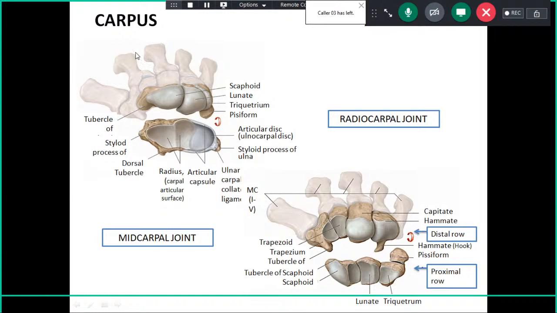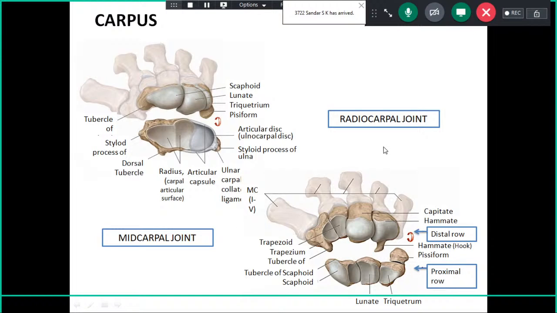This was shown to you in yesterday's class on the wrist joint. This is the inferior surface of the radius, which has two shallow concavities for articulation: laterally for the scaphoid, and the medial one for the lunate and the triquetrum. These three bones, right? And this is the articular disc, the ulnocarpal articular disc, forming the wrist joint here.